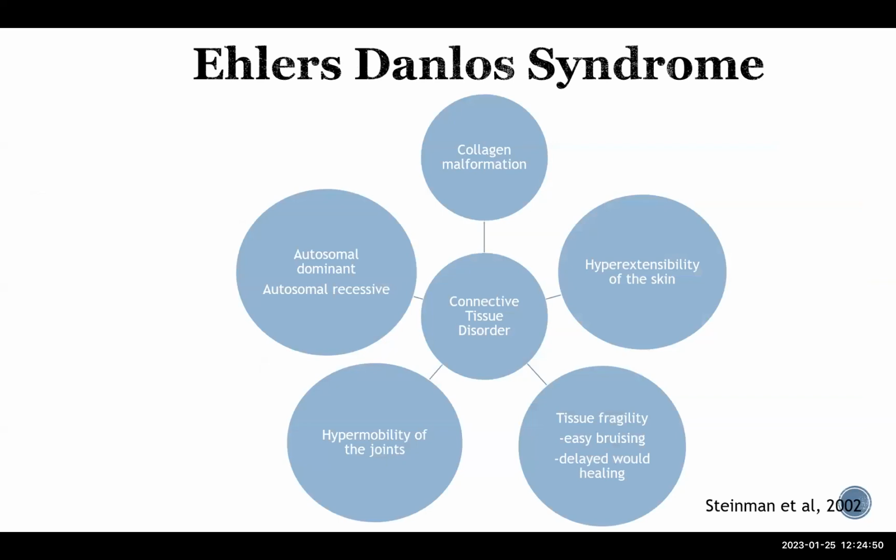Ehlers-Danlos syndrome is an inherited heterogeneous group of connective tissue disorders, noted by hyperextensibility of the skin and tissue fragility, marked by easy bruising, delayed wound healing, and hypermobility of the joints. It can be either autosomal dominant or autosomal recessive, depending on the subtype of the disease.